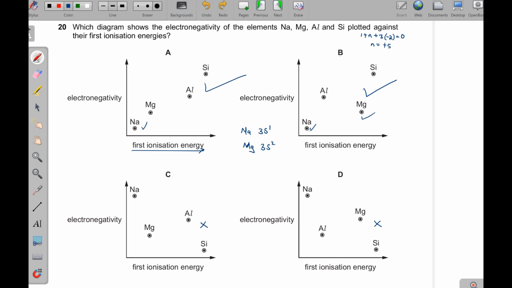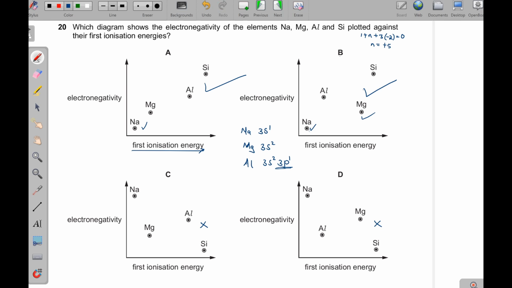But then let's go to aluminium. Aluminium here has 3s2, then 3p1. The s orbital is here, then the p is there. So it's like we have added on one shell here. That means the nuclear attraction for this electron is going to be a bit weaker because of the addition of a shell.